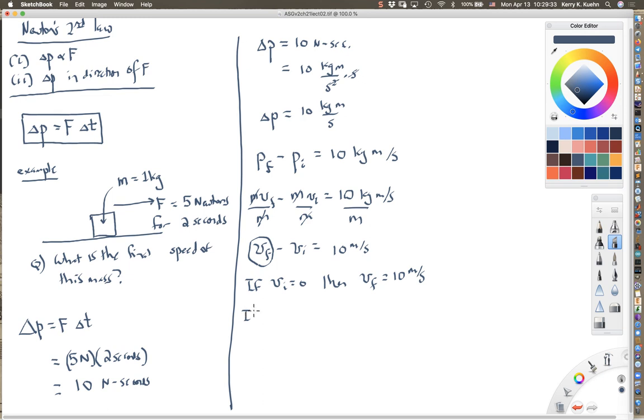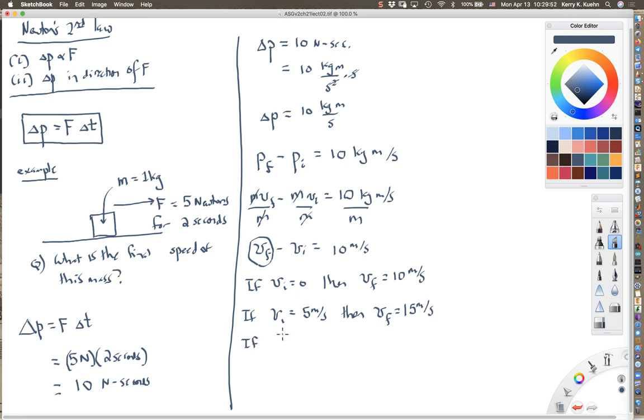But if, on the other hand, the initial velocity, let's say, was 5 meters per second to the right, then because we know the change in velocity is 10 meters per second, now we'd say the final velocity is going to be 15 meters per second to the right.